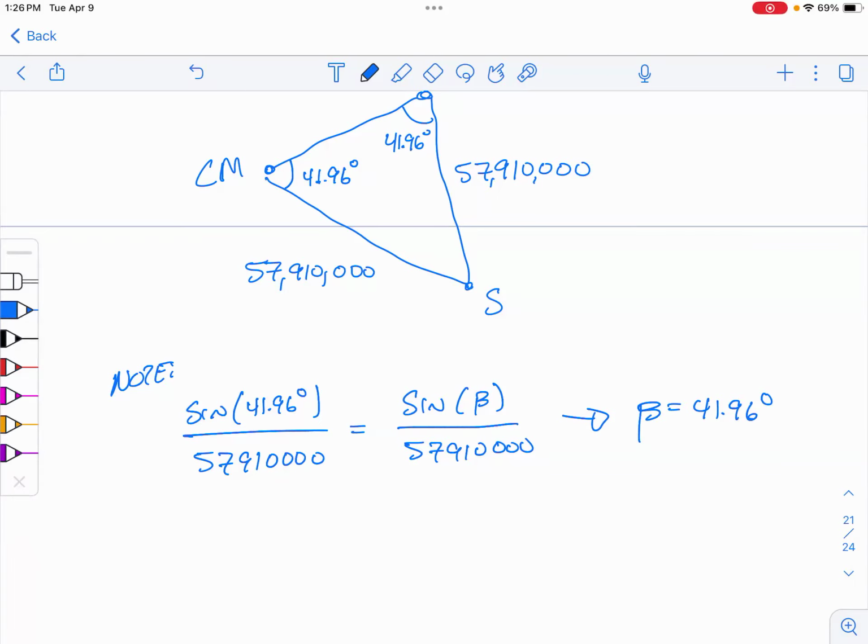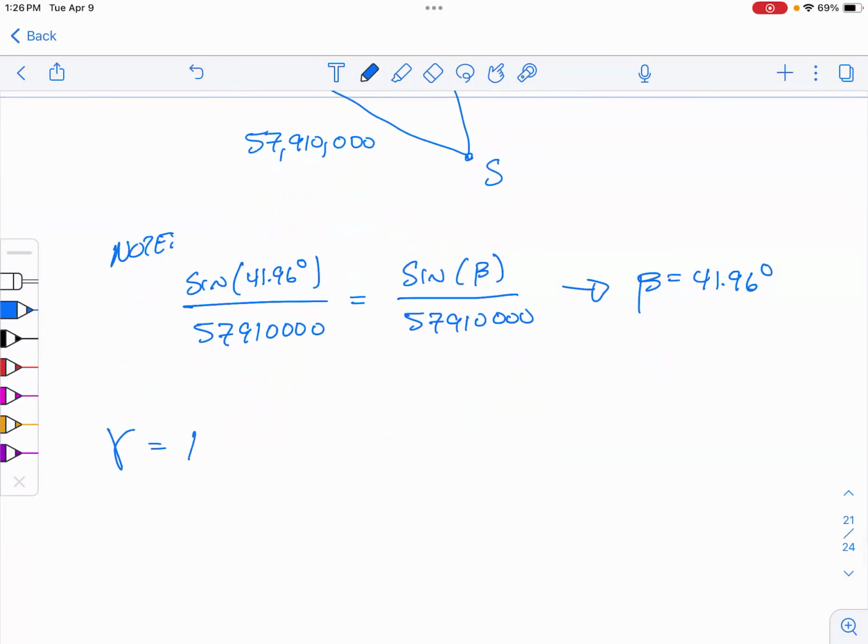And then in order to find our last one, gamma equals 180 minus 41.96 minus 41.96. So our missing angle is then 96.08 degrees.